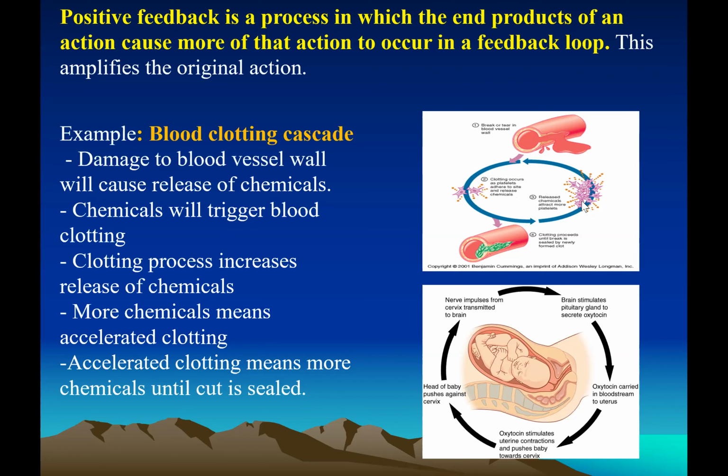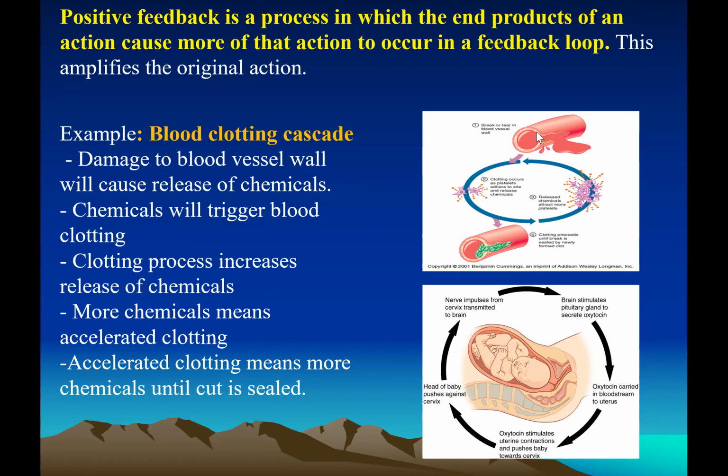So it's like a cascade. And this will keep on happening until the cut is sealed and the loss of blood stops. So here, the damage of blood vessels will cause a release of chemicals. These chemicals, in turn, will trigger blood clotting factors. Those clotting factors, in turn, will release more and more chemicals until clotting happens and the blood hemorrhage stops.